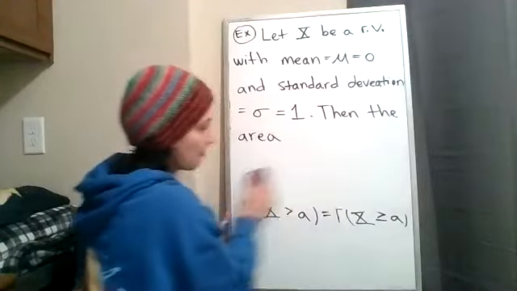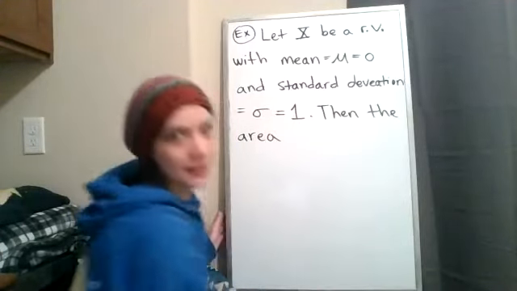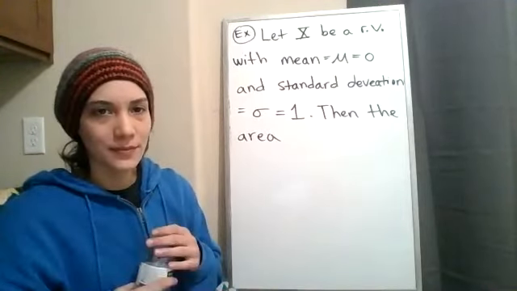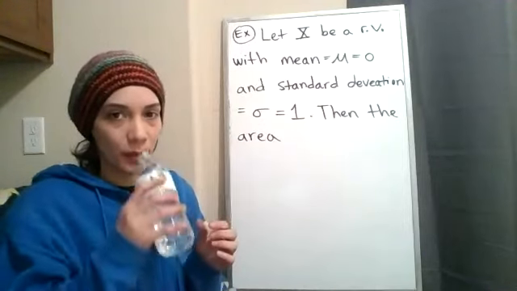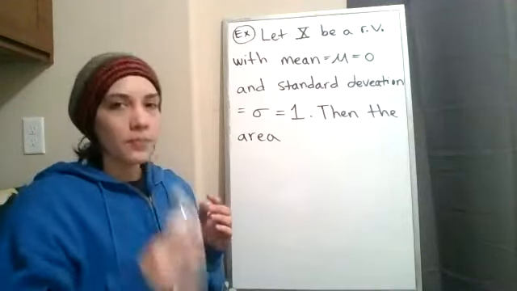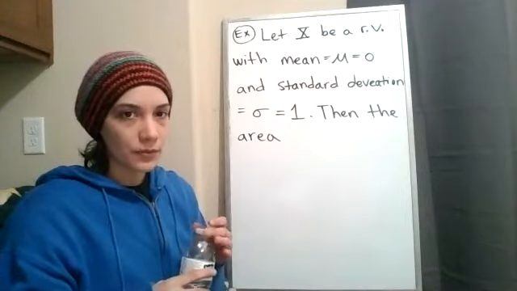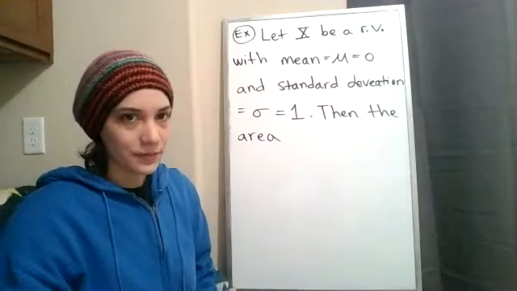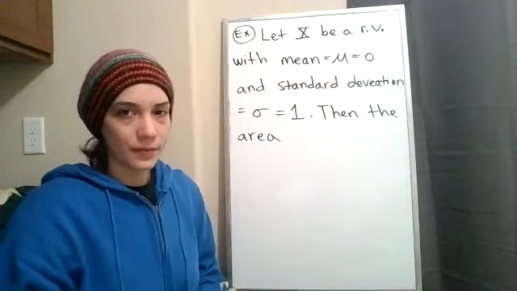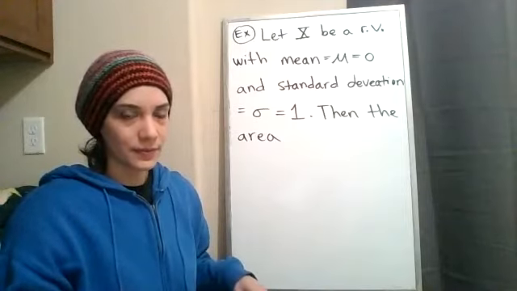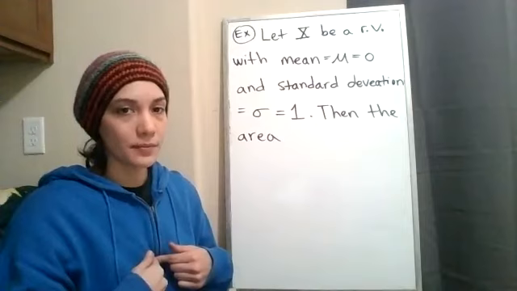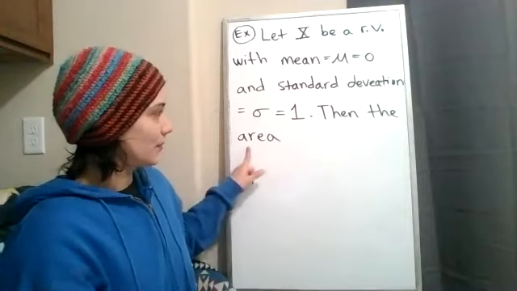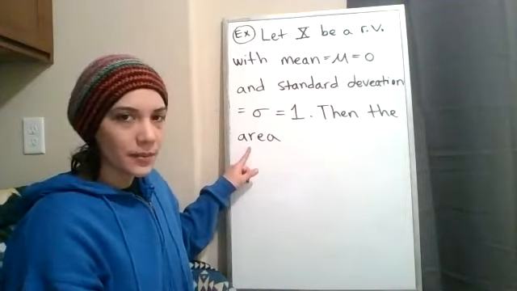Professor, in terms of homework or the exam, when you say the calculator or z-table thing, would we be given that area number, or are we expected to find that on our own? Yeah, I'll give it to you.